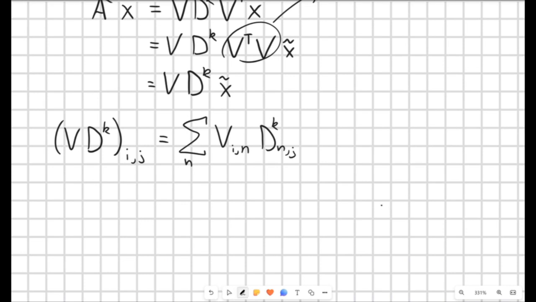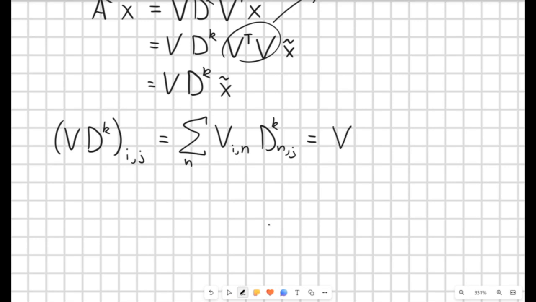So that's just your standard definition of two matrices multiplied together. And the key thing to note here is that because D is diagonal, even when it's to the power of k, it's still diagonal. Then when you compute this summation, the only place where it's going to be equal to anything that's not 0 is at jj, because the rest of that column is going to be equal to zeros. So the only non-zero term is when n is equal to j.